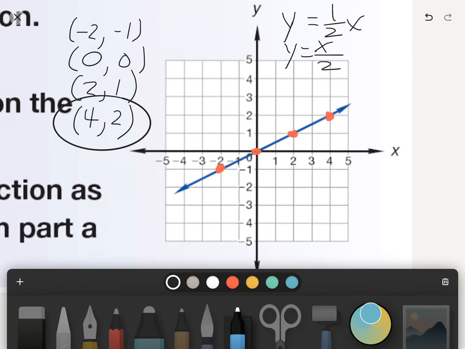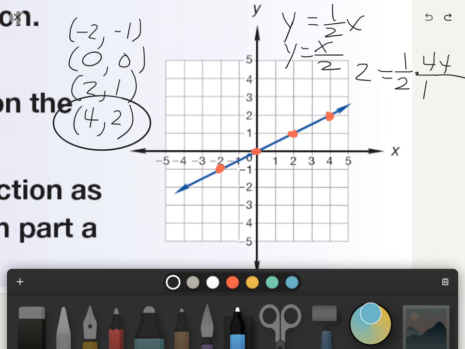If we were to plug that in, we could say 2 equals 1/2 times 4 over 1, right? And a little cross-canceling goodness would get you to 2. So that's if you're multiplying by 1/2, or you could say it is 4 halves, and that equals 2.